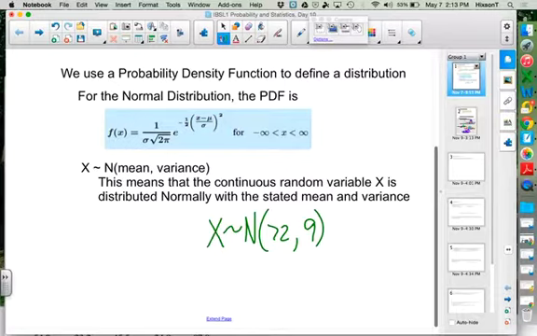So what's the standard deviation? If that's the variance, what's our standard deviation? We should know this already. This was Monday.